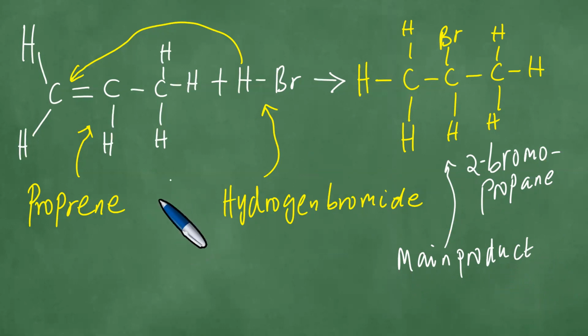Now, the fact that this hydrogen is bonded to the carbon on one side of the double bond with the most hydrogen atoms, so that's where this hydrogen is going to be bonded, is due to a result by the Russian scientist.